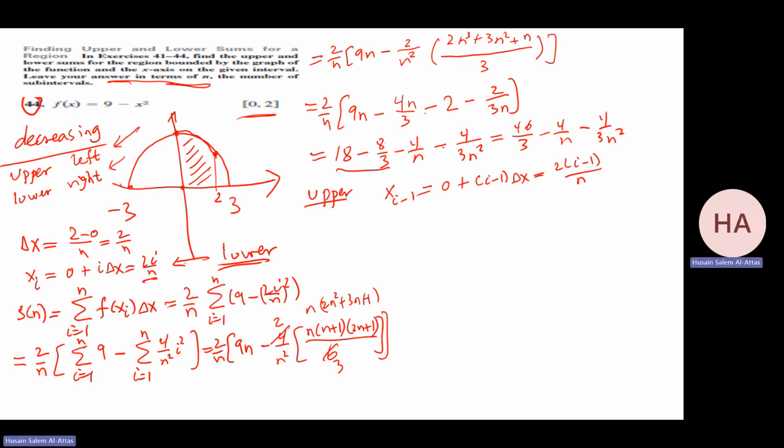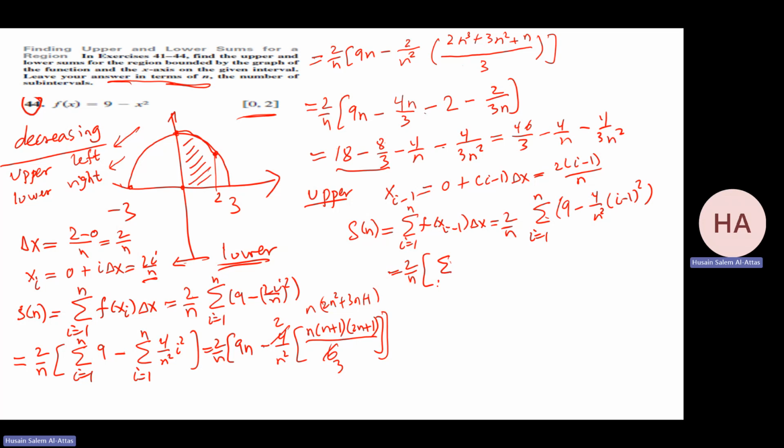So I have capital S of n, that will be summation i equal 1 to n of f of xi minus 1 delta x. So I have 2 over n outside. Be careful now. Summation i equal 1 to n of 9 minus 4 over n square times i minus 1 square.